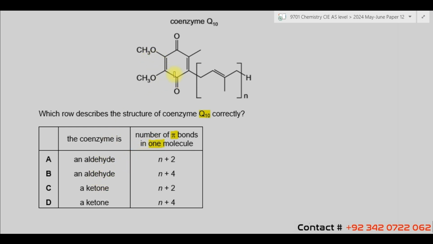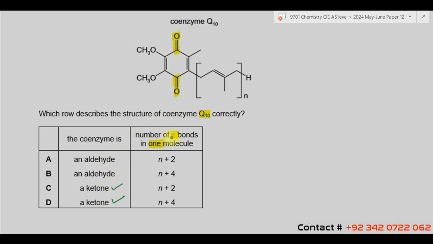If we look into the structure, we can see C double bond O. This carbon attached to 2 alkyl groups, so it is a ketone. This is C double bond O, so it is also a ketone. This is carbon bonded to oxygen bonded to carbon, which is ether. This is not in A levels syllabus, so ketone is the correct option.